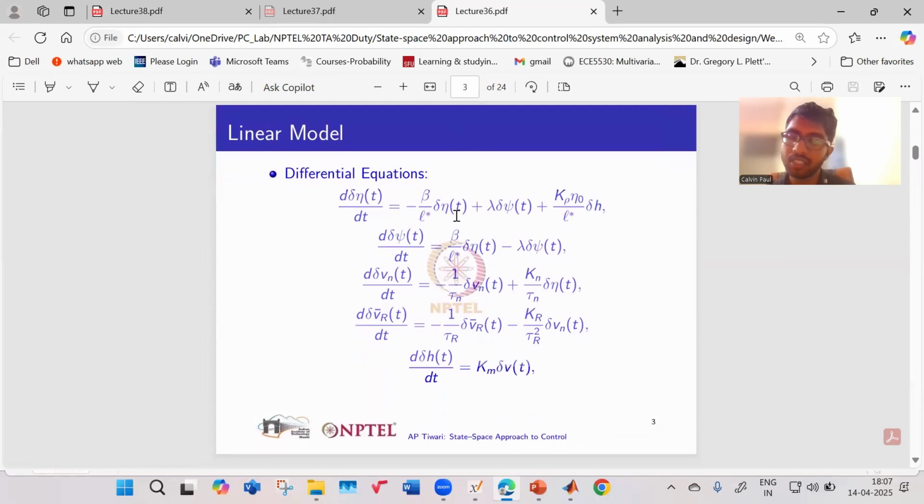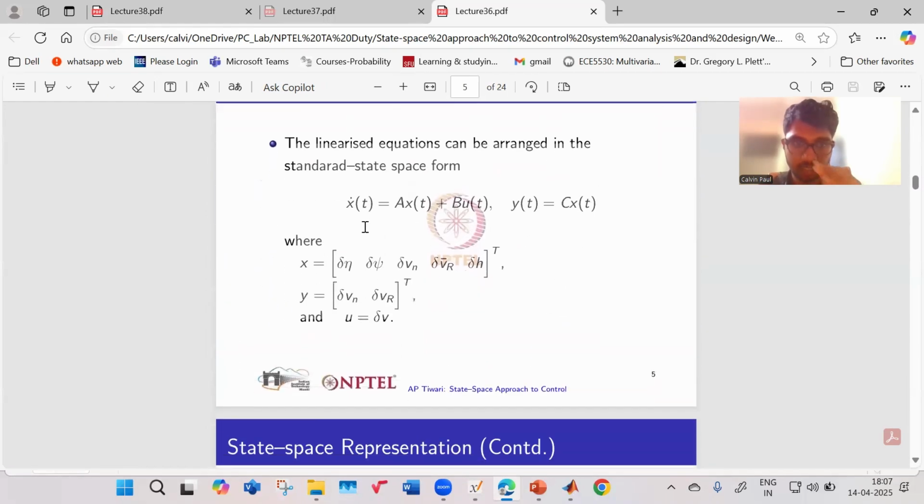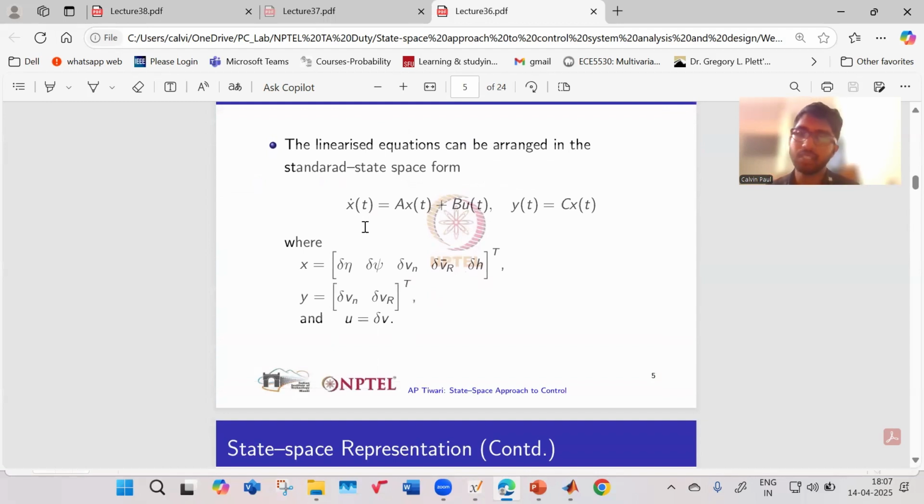These are the differential equations of the linearized model. The actual plant is a nonlinear model, and after certain perturbation and linearization, this is the differential equation of the linear model. These linearized equations are arranged in the standard state space form: x dot of t is A x of t plus B u of t, and y of t is C x of t.